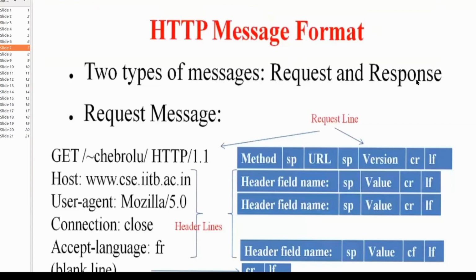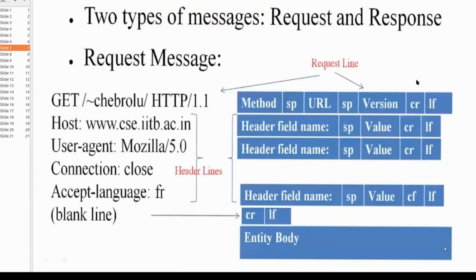Now first look into the detail of the message format as far as the request is concerned. Okay, look into this format. I have already told you every protocol uses some additional information to make a communication possible, that we basically call a header.